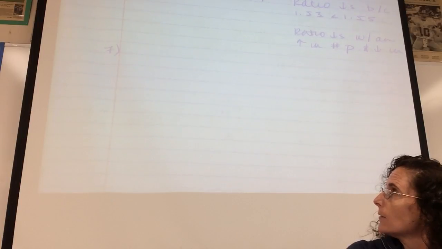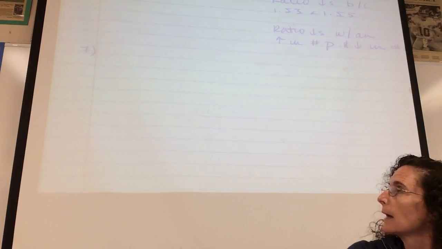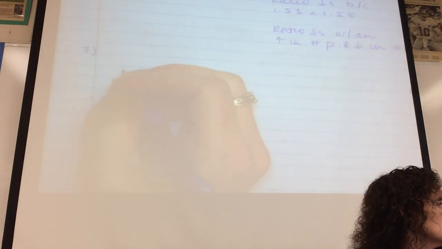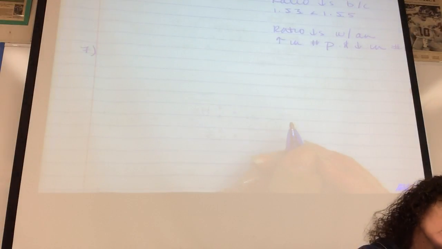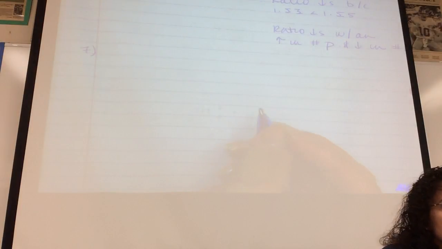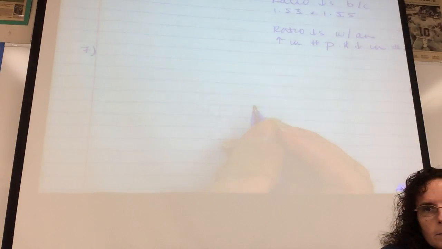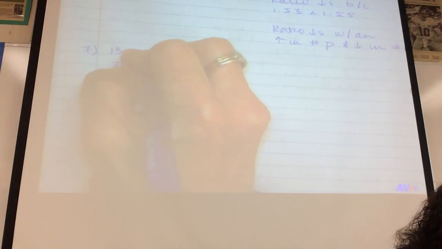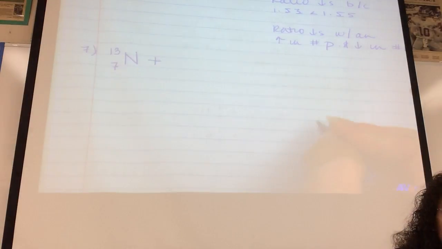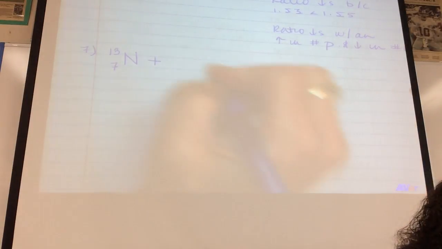In number 7, what we're looking at, it says nitrogen 13 captures an electron. How do we write nitrogen 13? Now it captures the electron, so the electron has to go on the left side of the equation.